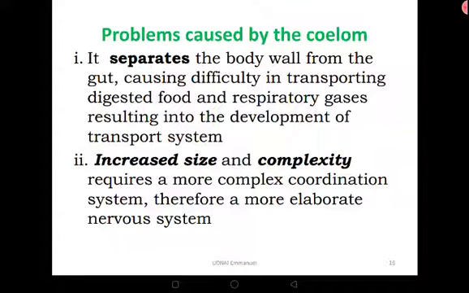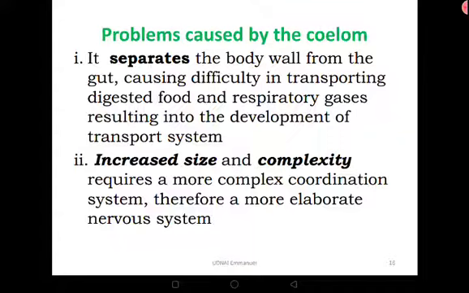So remember, the coelom is that cavity in the body where the organs develop from, for example, the digestive system. It separates one organ from the other, and even from the rest of the body. So each organ is cushioned and independent from the rest of the body, and is not affected by activities from another organ.